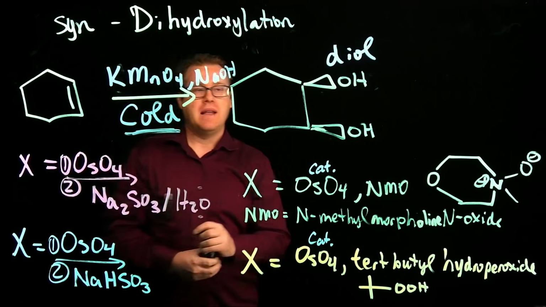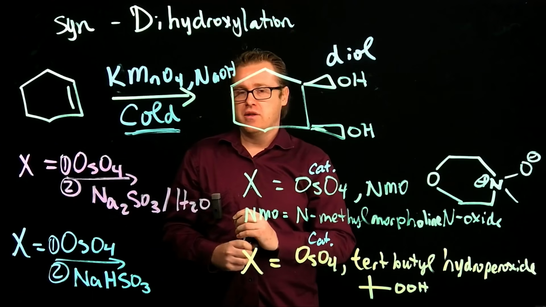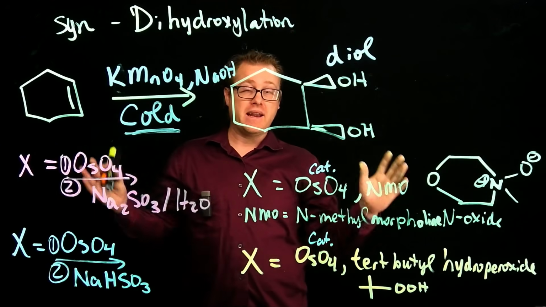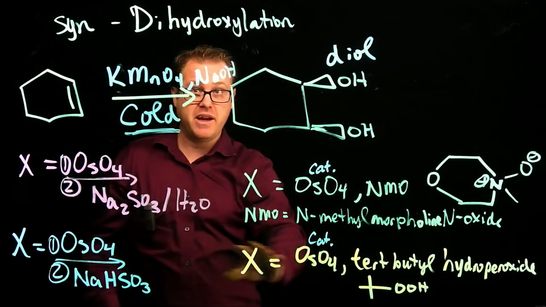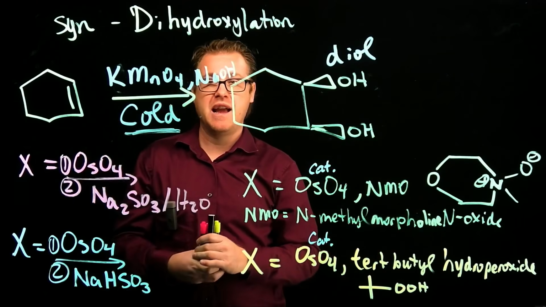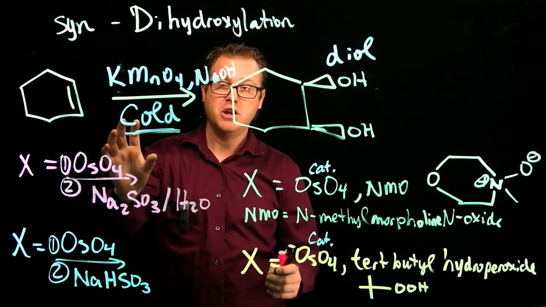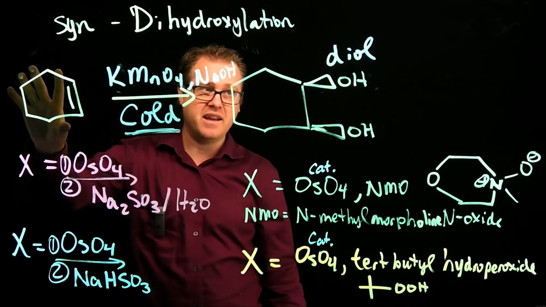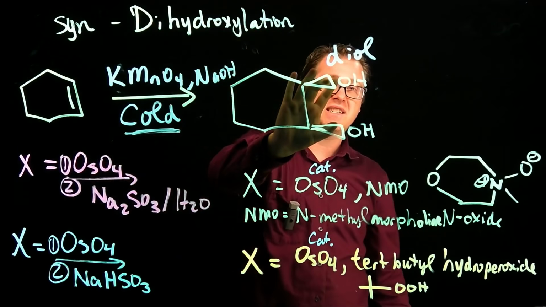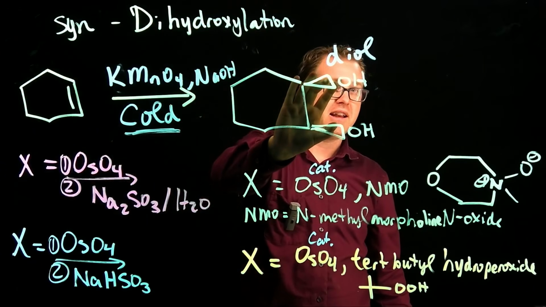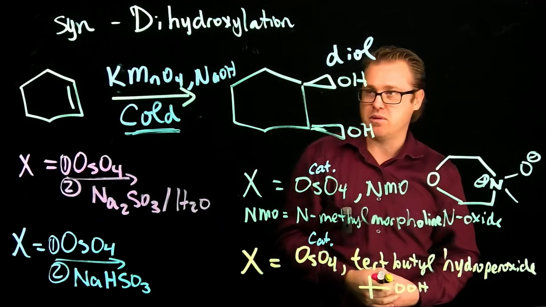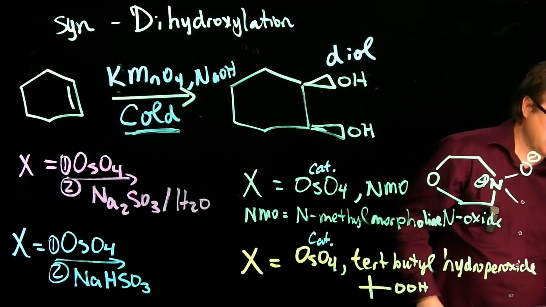Now, we need to understand not the whole mechanism of all these transformations. You just need to understand the first part of the mechanism so that you can understand why we have syn addition and not anti-addition. So that's what we're going to look at next.